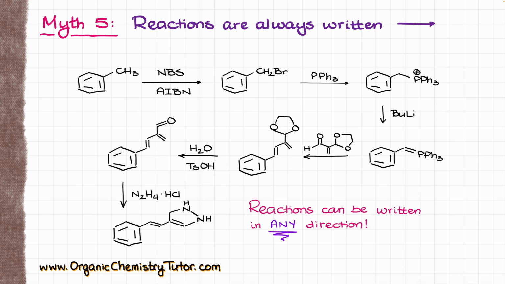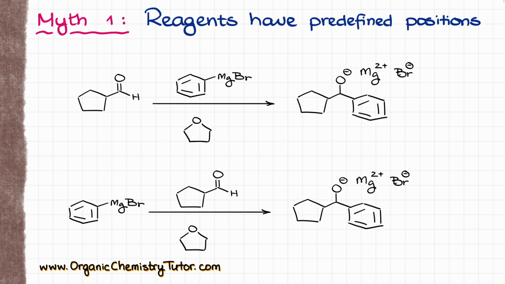So what is important is the direction of the arrow itself. Whatever is before the arrow is your starting materials, whatever is at the end of the arrow is going to be your products, and the direction of the arrow can be 360 degrees, it can go anywhere you like. So remember, it is not the position of the reagents in the scheme, but what they do that matters.